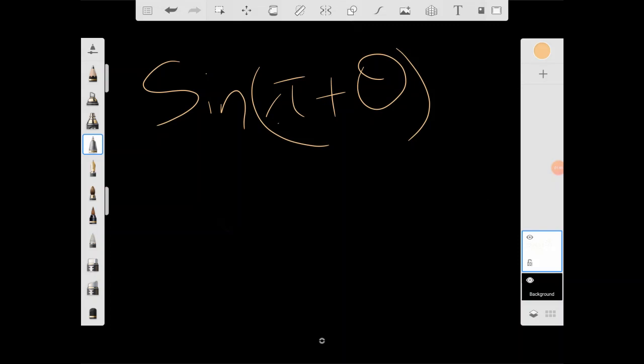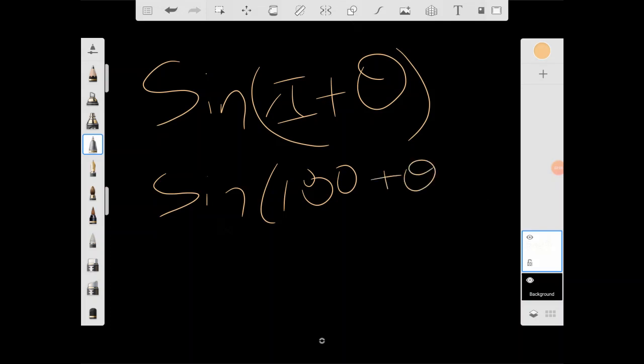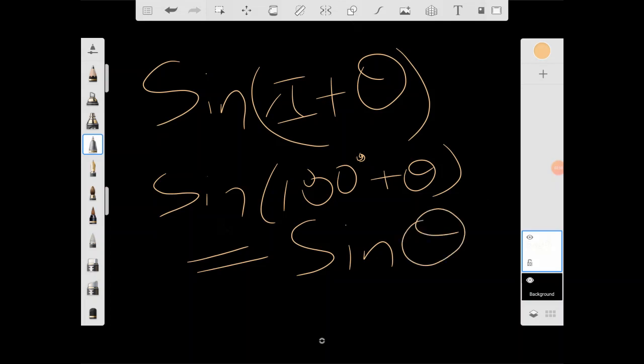Whenever pi by 2 comes, the function changes, and if it is only pi, the function doesn't change. That means sine of 180 plus theta, or pi plus theta, will still remain sine theta. It will not become cos or tan or anything.